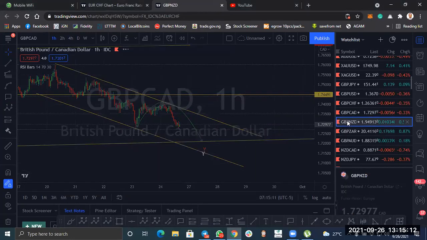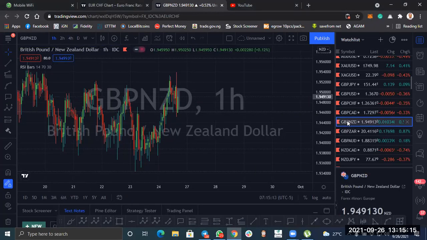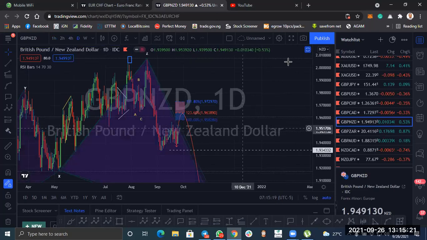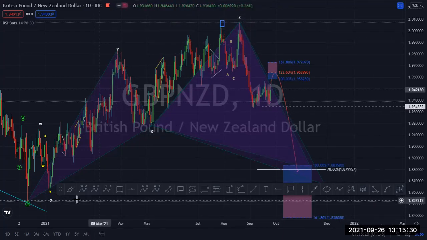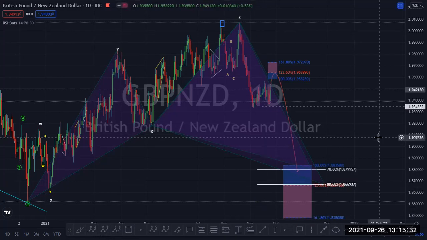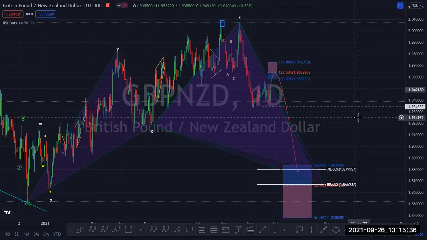Pounds to New Zealand. Pounds New Zealand is making some harmonic patterns.